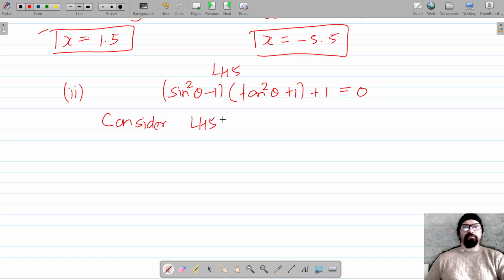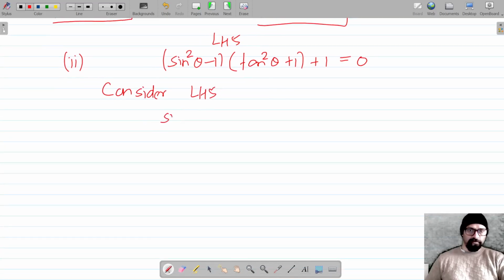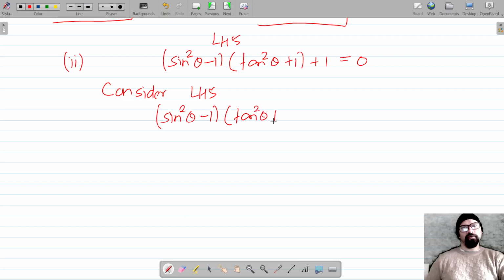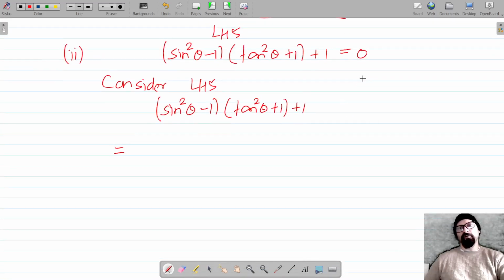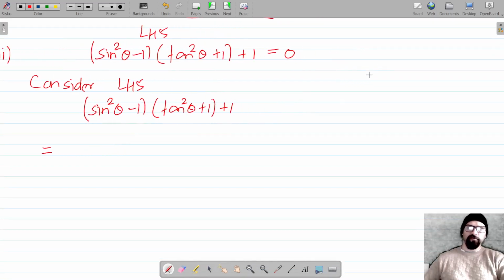So consider the LHS: sine squared theta minus 1 into tan squared theta plus 1, plus 1. We are going to use the trigonometric identities here. The first identity is sine squared theta plus cos squared theta is equal to 1.